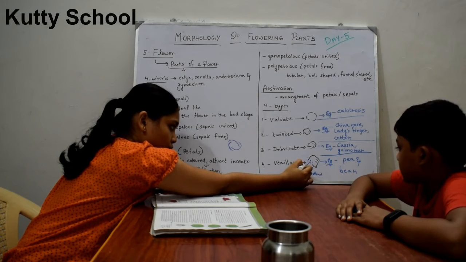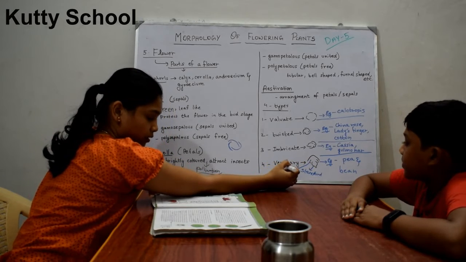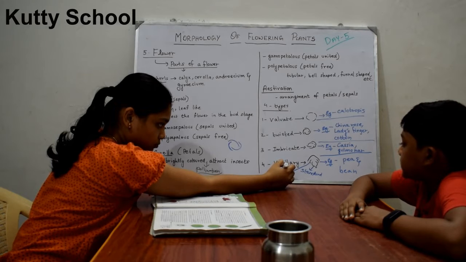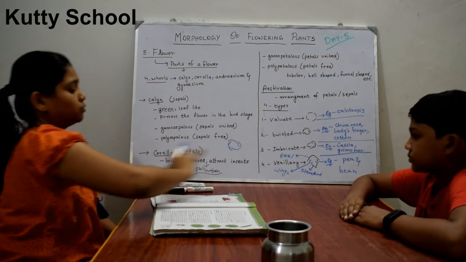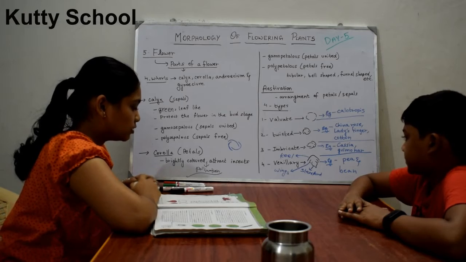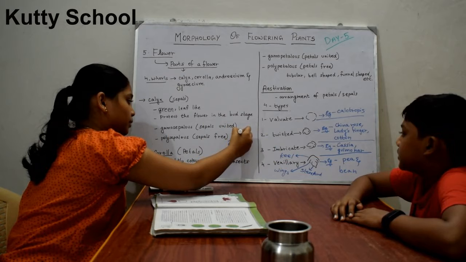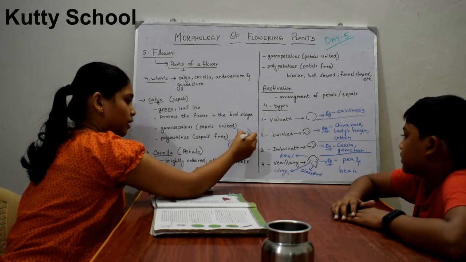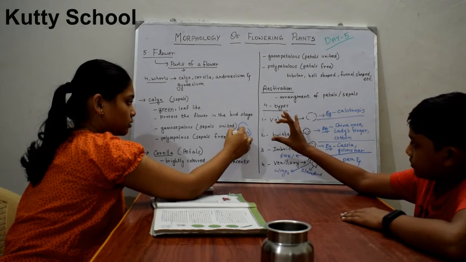And this is known as the wings. And this is known as the keel. So this is vexillary aestivation. Here one petal is big, the lateral petals are in the middle, and the other one is small, to cover them.